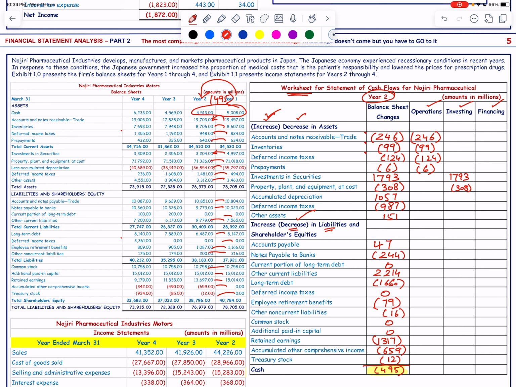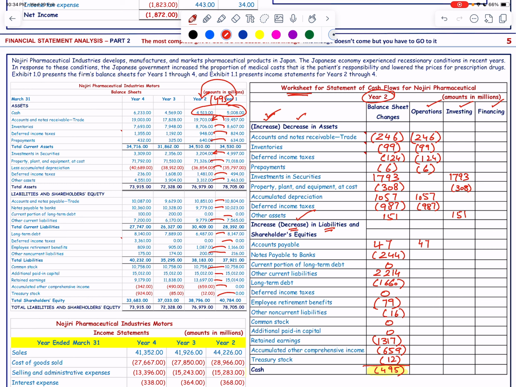Then we have the accumulated depreciation, this is for the operation, that is 1057. Then deferred income taxes, that is also operation, negative 987. Other assets, now other assets I have already told, this is for the investing, so this is 151. Then we have accounts payable, this is going to be an operating activity, 47.